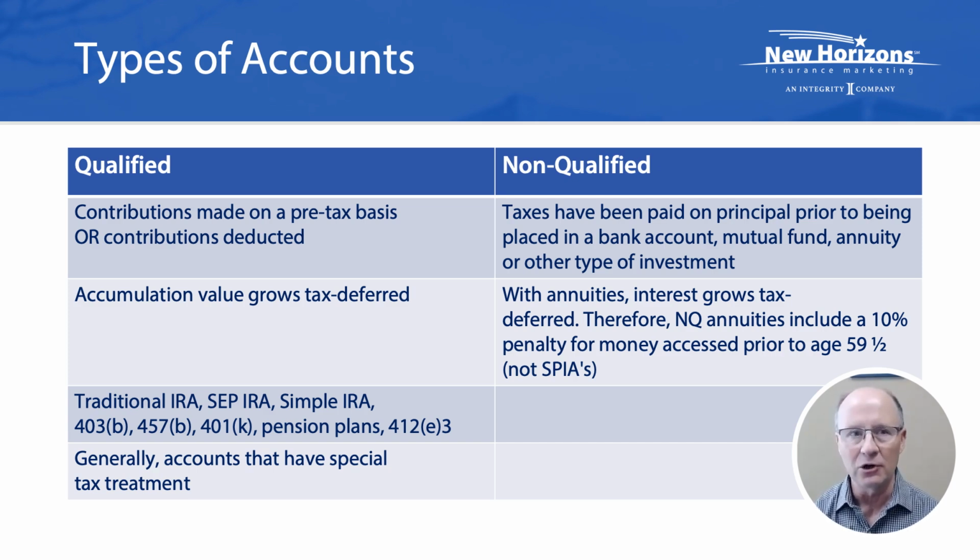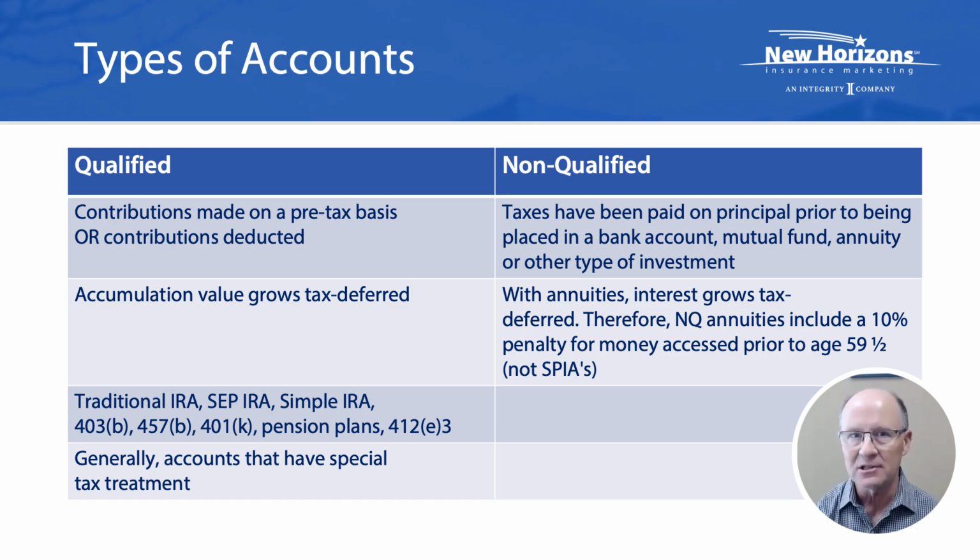The most common that you're going to come across are 401ks. Those are all monies that go into accounts wherever they're located, at the person's work or what have you, that have never been taxed before. So they have special tax treatment, and their taxes will come down the road a little bit, which we'll get into with RMDs.